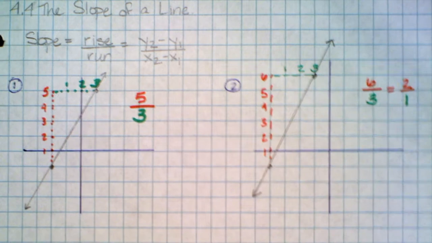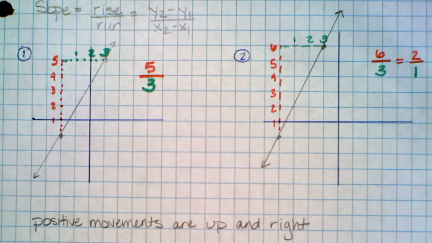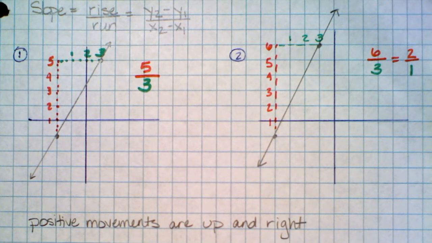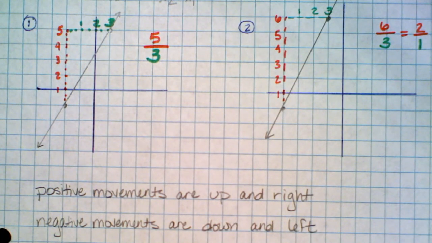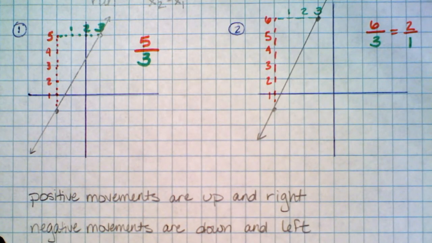All right, both of these lines that I have drawn here are positive slopes because positive movements are up and right. Anytime we go up on a graph, it's a positive. Anytime we go to the right, it's a positive. Then that would mean that negative movements would be down and left.